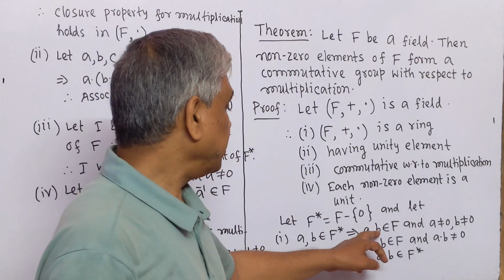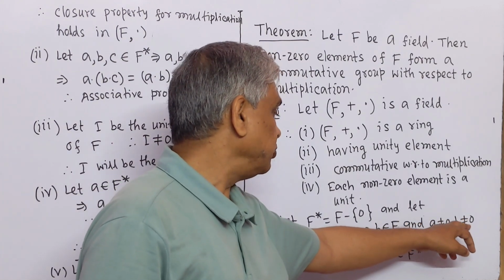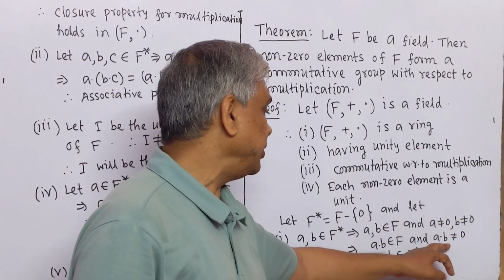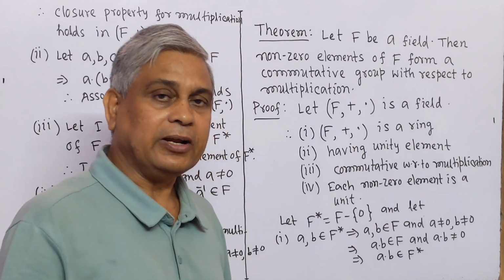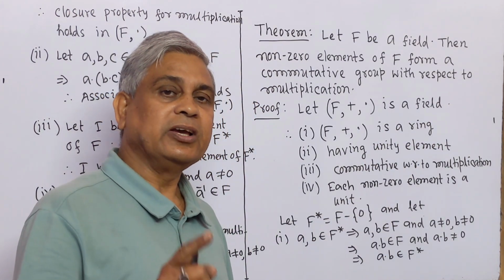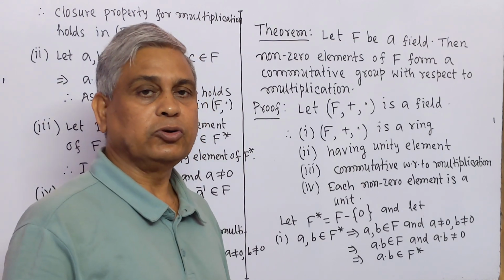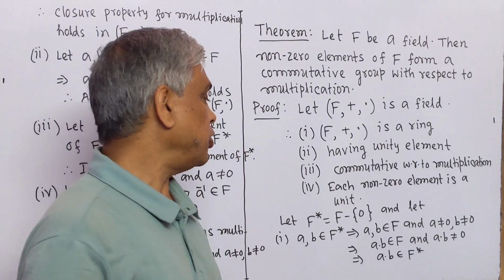And a not equal to 0, b not equal to 0, that means a multiply b not equal to 0. Since it is a field, this field is an integral domain, so it contains no divisor of 0.